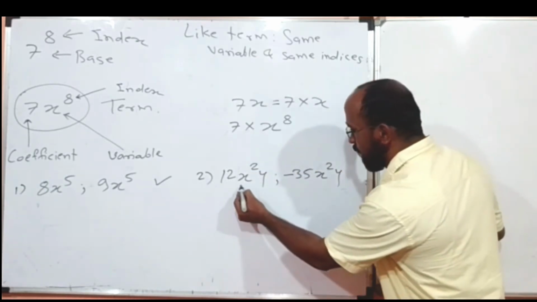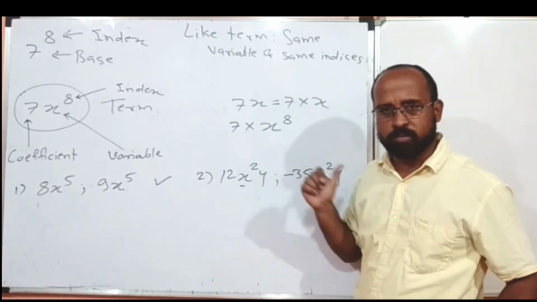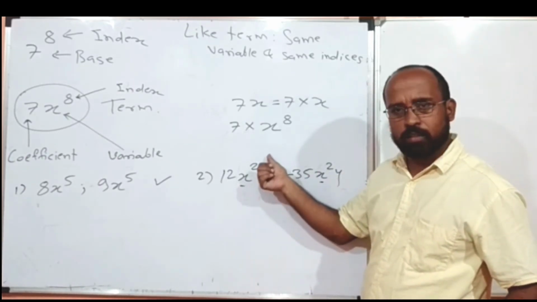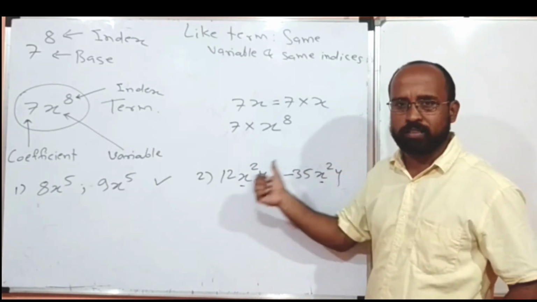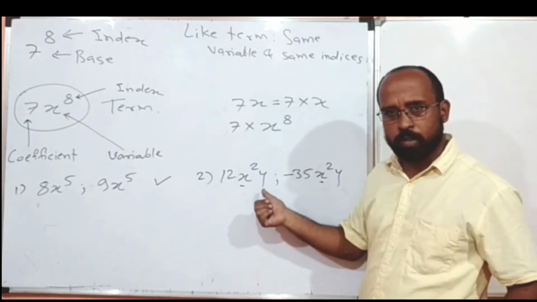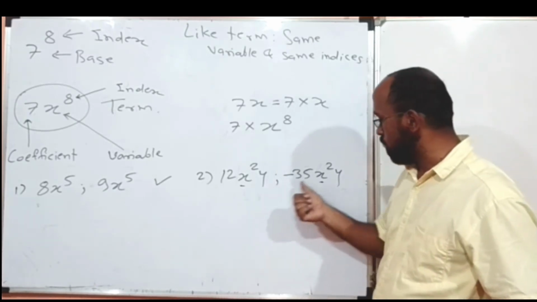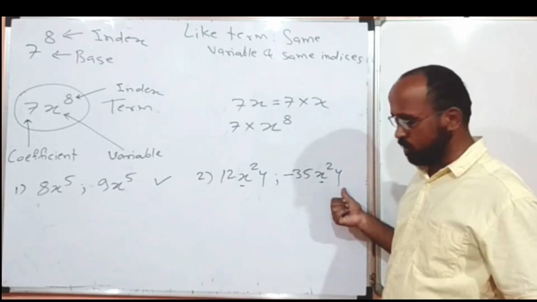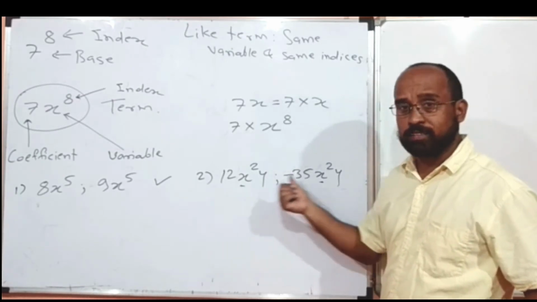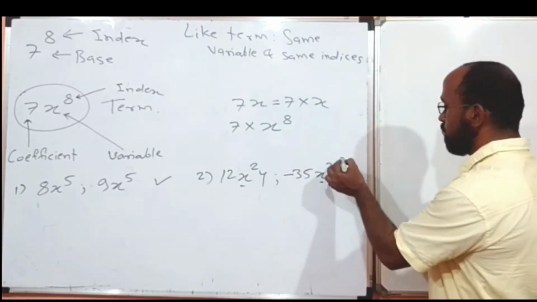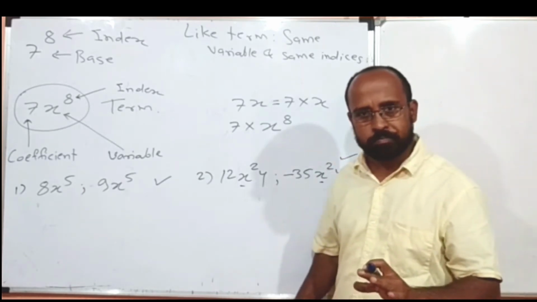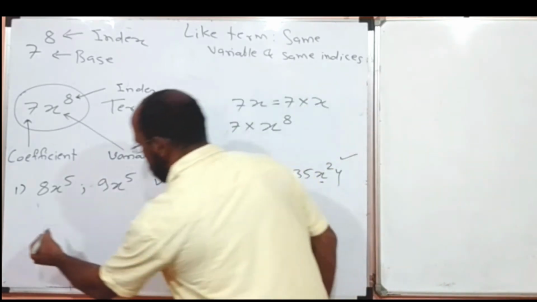See, variable is x here, x here. The two variables are same. Are the indices same? Here index is 2, here index is 2. So indices are also same. What is the next variable? Next variable is y. Here also next variable is y. Means all variables and indices are same in both terms. So these both terms are called like terms. Clear? Let us see one more example.